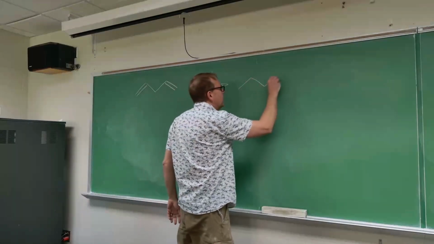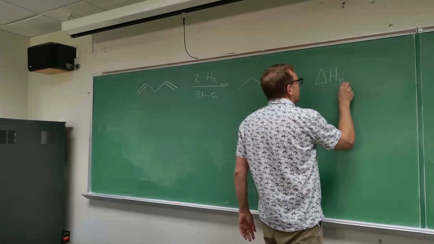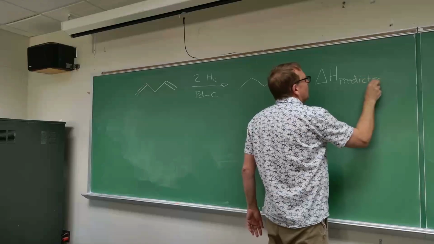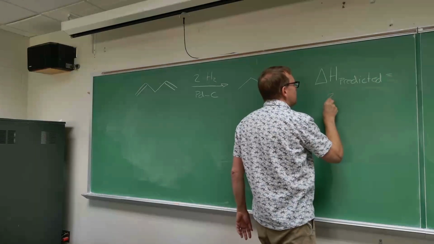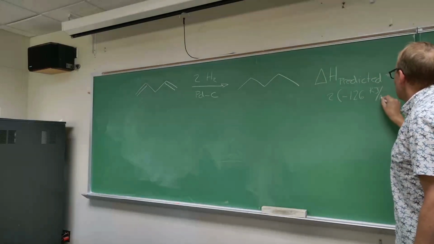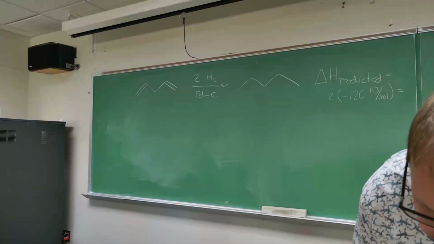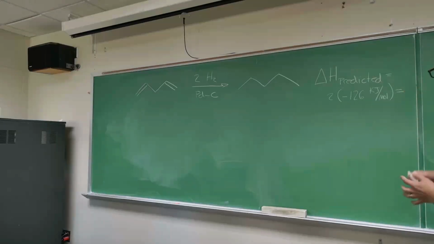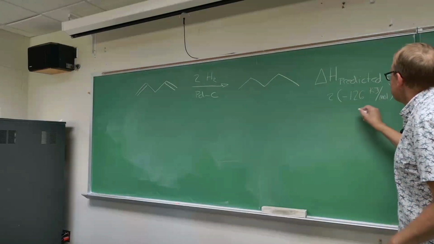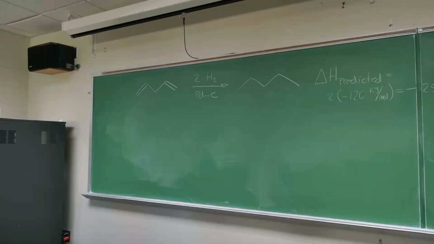So getting this alkane would produce, if we do delta H predicted, would equal 2 times minus 126 kilojoules per mole, which is equal to minus 252 kilojoules per mole.